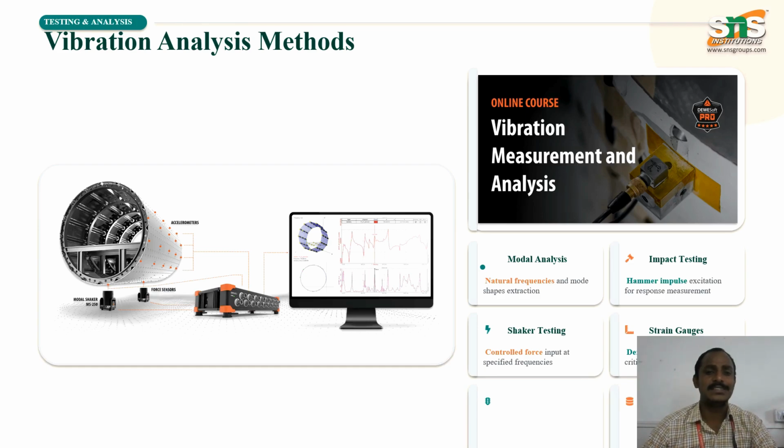Coming to the vibration analysis methods, several experimental techniques are used to study different vibration observations. The first is modal analysis, which determines natural frequencies and the mode shapes. In an impact test, a hammer strike excites the structure and the response is measured. A shaker test provides controlled harmonic inputs over a range of frequencies to identify resonance conditions. A strain gauge measures local deformation and stress concentration during vibration.